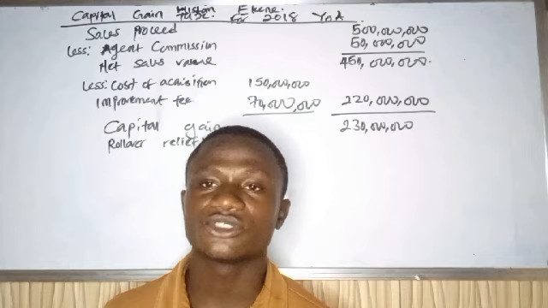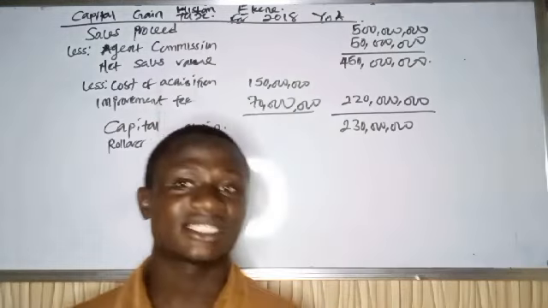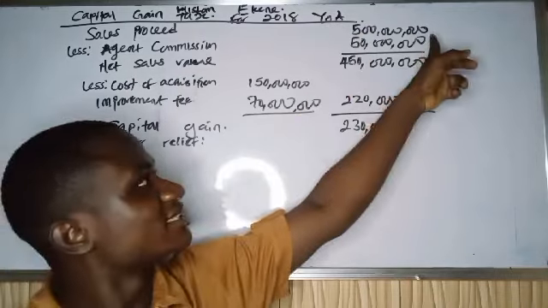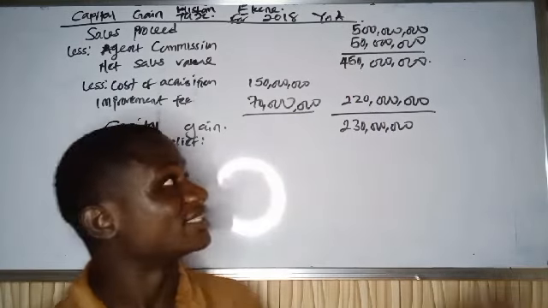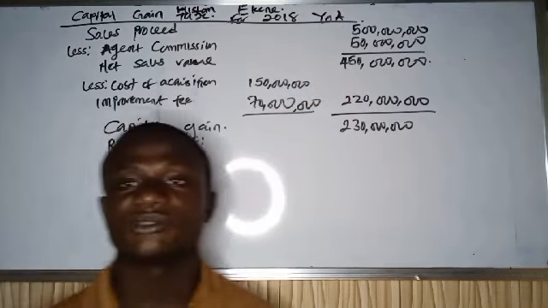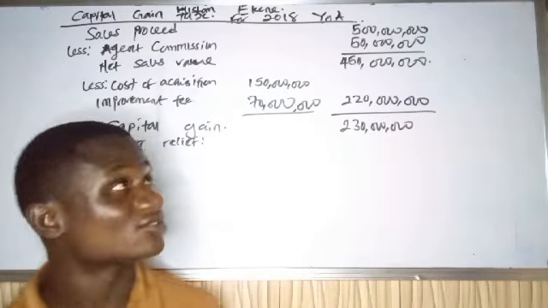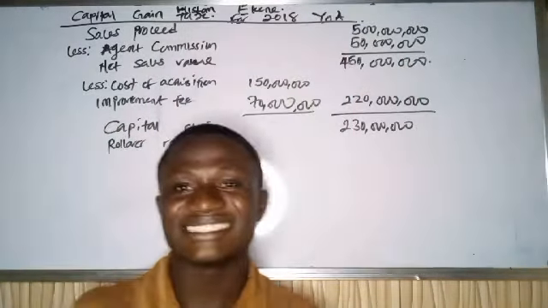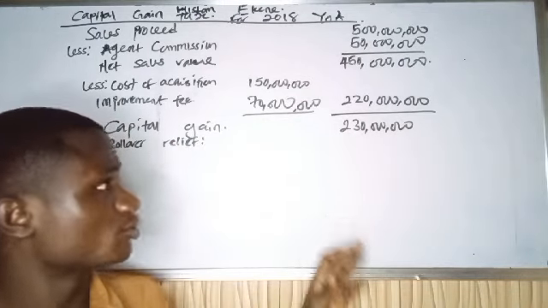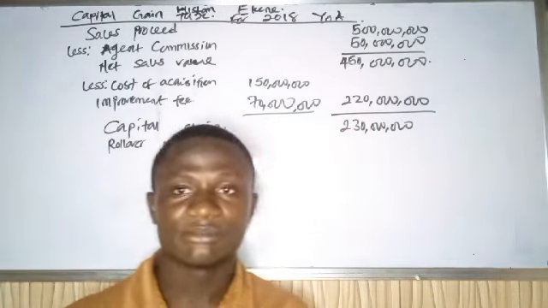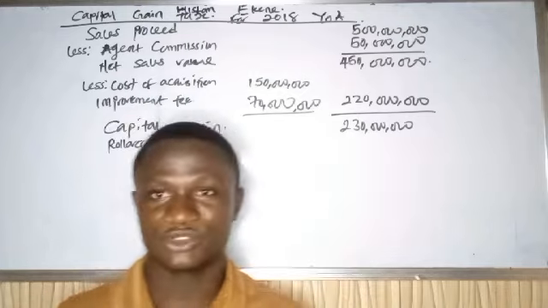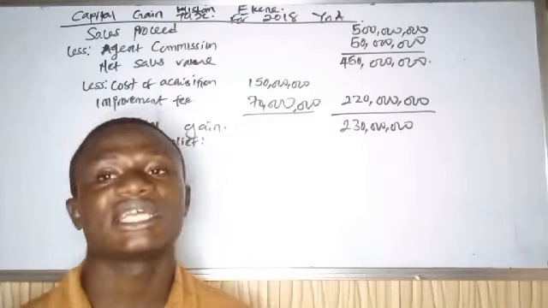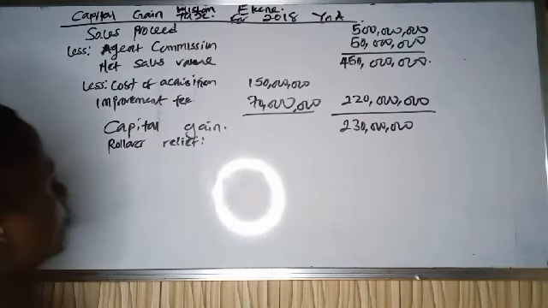Sales proceed is just an amount you earn from selling off an asset. So if this man is selling the asset for 500 million and is paying an agent commission of 50 million, the amount he earned from selling the asset is not actually 500 million, it is 450 million. That is the net sales proceed. So in a situation where you have net sales proceed and sales proceed, please use the net sales proceed, because it's the net sales proceed that shows the true amount realized from the asset. It's not 500 million.